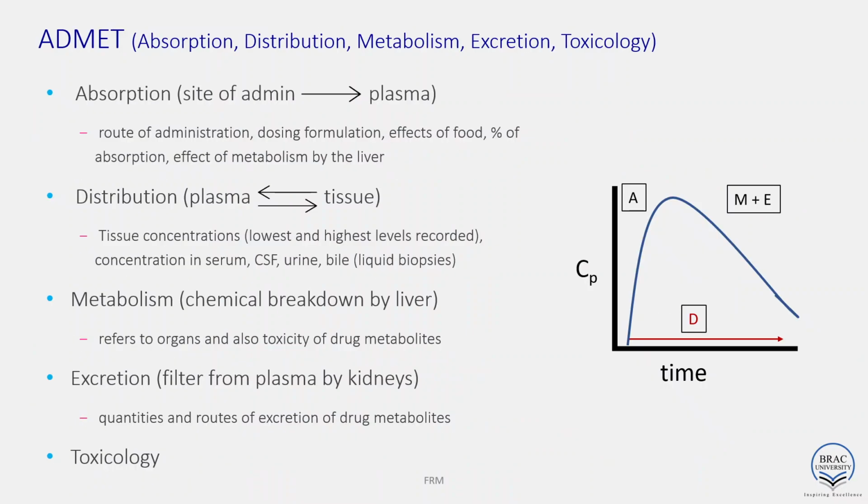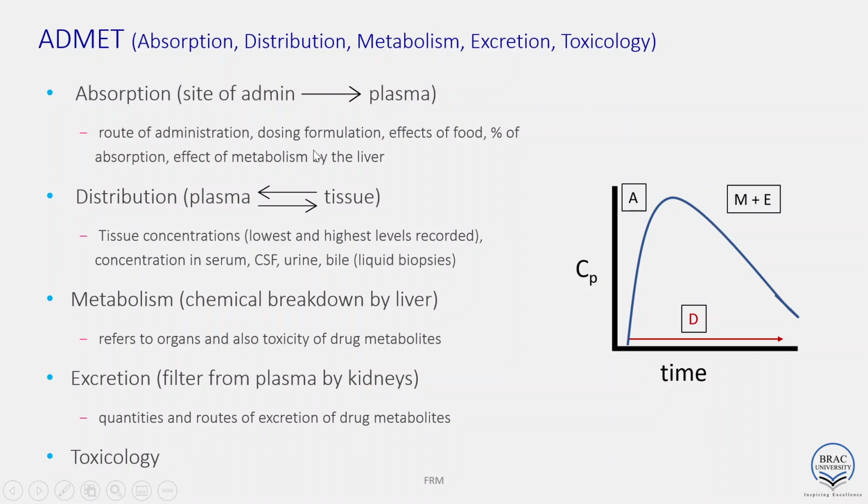ADMET mainly refers to the pharmacokinetic properties: absorption, distribution, metabolism, excretion, and toxicity or toxicology. These are the basic things, not that complicated. Absorption means the drug needs to go from the site of administration, for example the oral route, into the plasma from the GI tract.